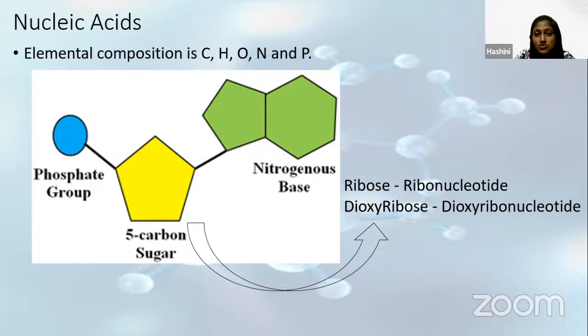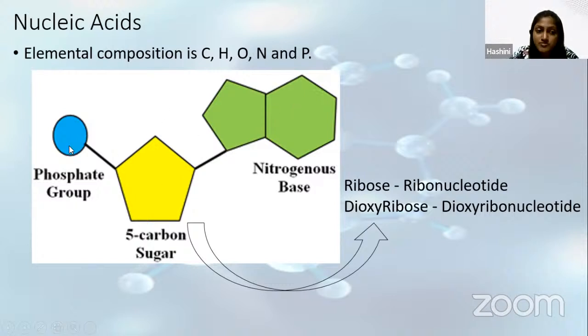So there are two types of nucleotides according to the sugar group. Right now, you know this is a nucleotide, and in this nucleotide there are 3 units. What are the 3 units?